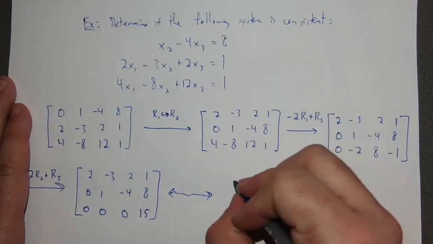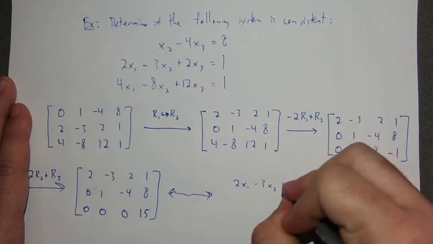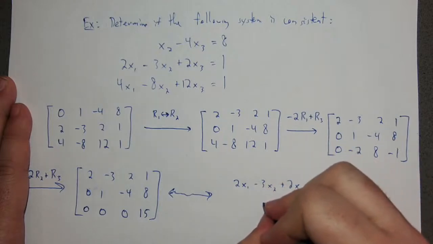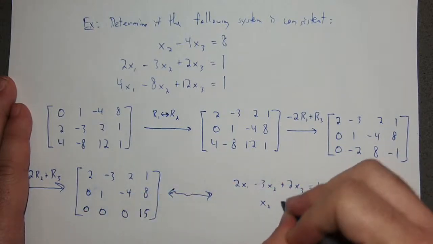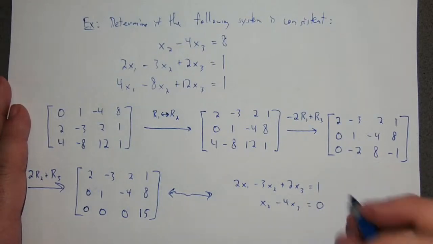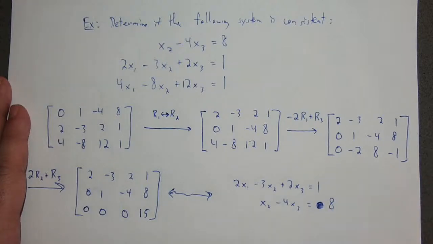So the system it corresponds to is 2x sub 1 minus 3x sub 2 plus 2x sub 3 is equal to 1, and 1x sub 2 minus 4x sub 3 is equal to 8. Why did I write 0 here? This is an 8. And lastly, 0 times x sub 1 plus 0 times x sub 2 plus 0 times x sub 3 is equal to 15.